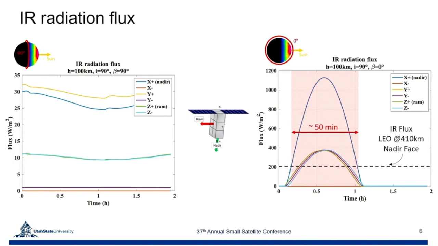Around 50 minutes, that's for a 100 kilometer altitude orbit, we're going to be facing much more IR on the nadir face. So we have to be more cautious in how we design that nadir face, especially trying to insulate from this IR flux and mitigate the temperature swing on that face, and of course on everything that's attached to that face.